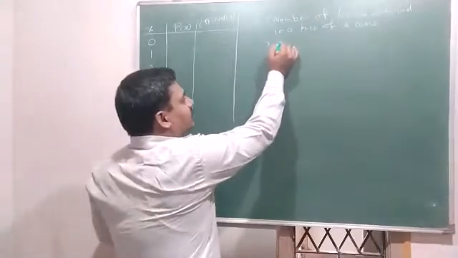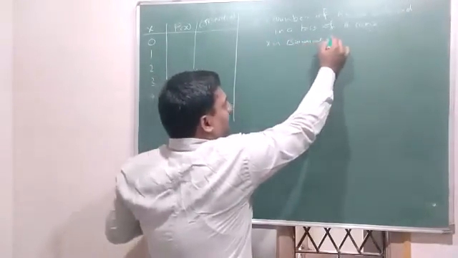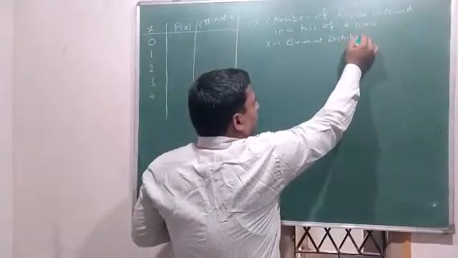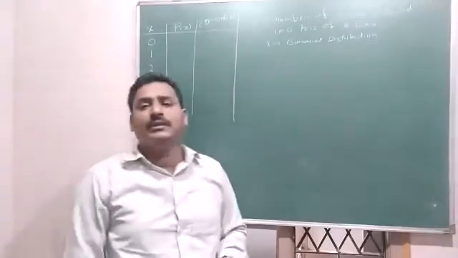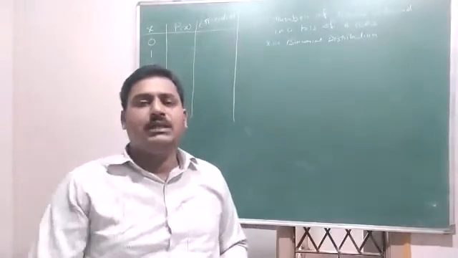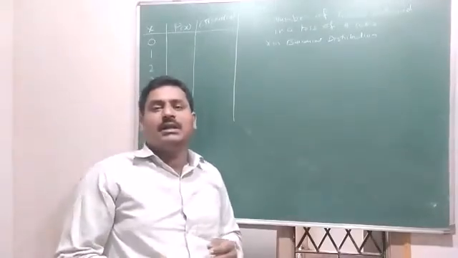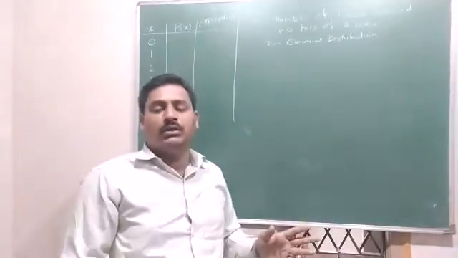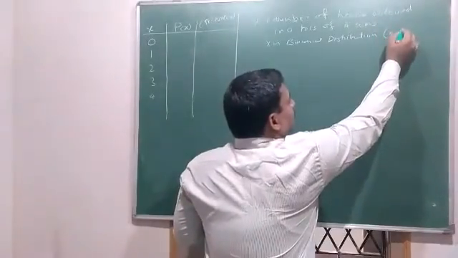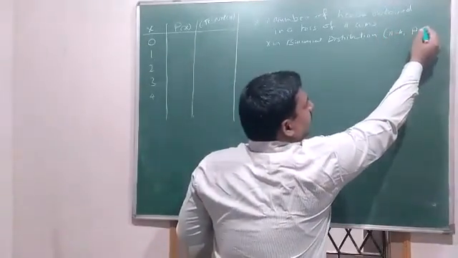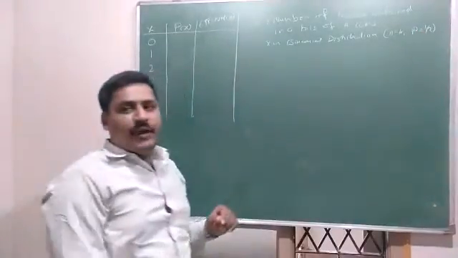So x follows a binomial distribution. And the probability of success: here an unbiased fair coin is tossed, so the chance of getting head and tail are both equal. So here n is equal to 4 and p is equal to 1 by 2 or 0.5.